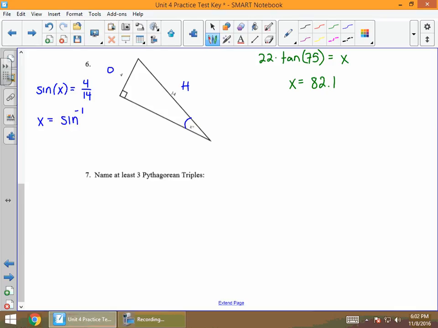Sine to the -1. If you're using a TI graphing calculator, it is second then the sine button. And I'll type in 4 over 14. We want to round this to the nearest whole degree. So when I do the inverse sine of 4 over 14 and round it to the nearest degree, it rounds to 17 degrees.